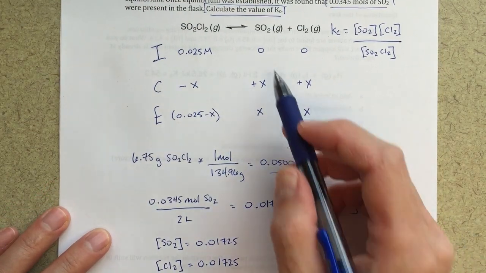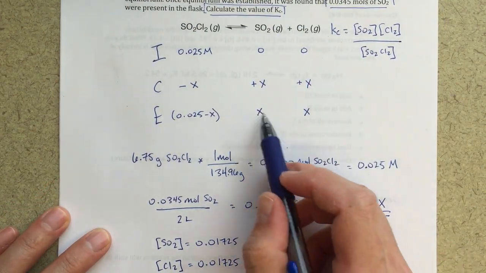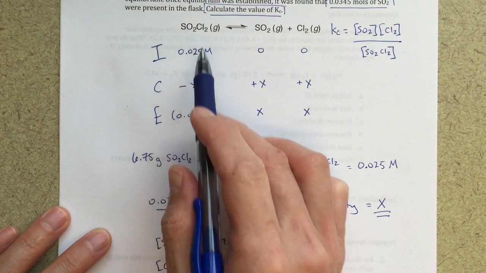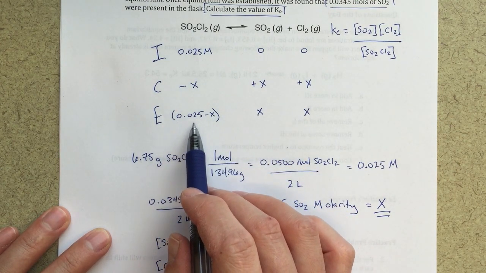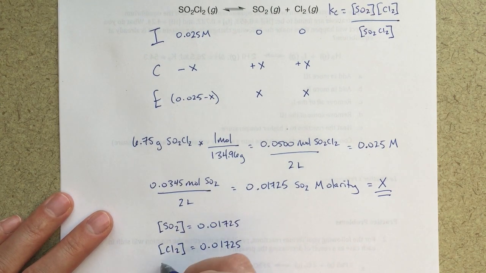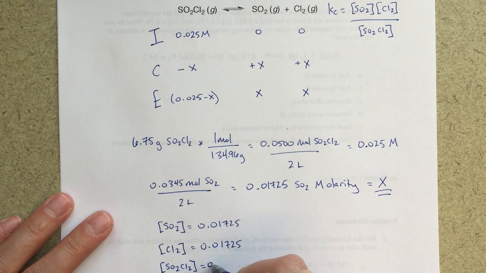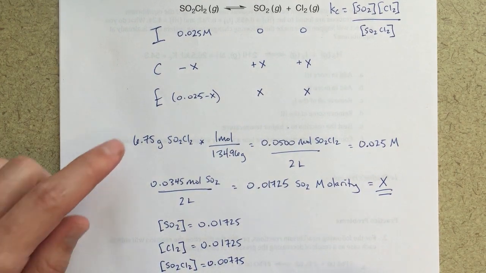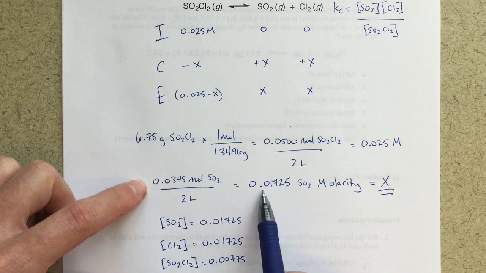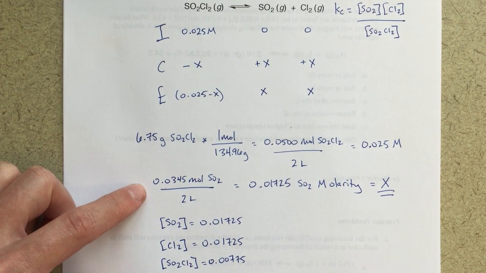So there you see the 1-to-1 mole-to-mole ratio, x value, that's my concentration. And then for my concentration of SO2Cl2, my starting material, it's going to be 0.025 minus that x value. So we need to make sure we take that into account. And so my concentration of SO2Cl2, that's going to equal 0.00775 molar, right? So I'm just taking 0.025, subtracting this x value right here, and I end up with 0.00775.